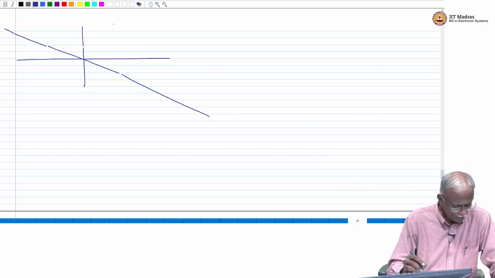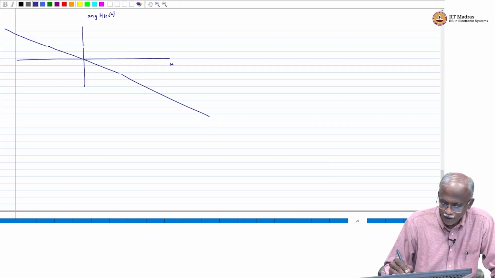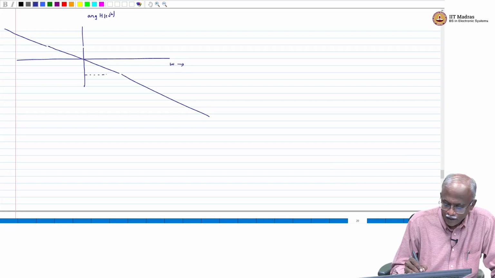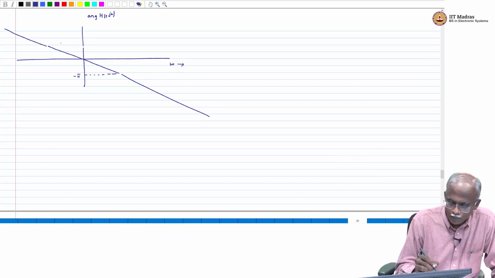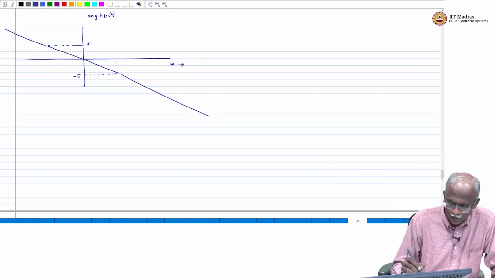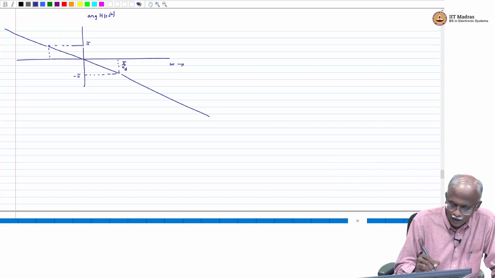This is the linear part. What we are drawing is the argument of H_e(j omega), against omega. Just for reference, it will cross minus pi and pi at the following points: at pi over n_d, and at minus pi over n_d.